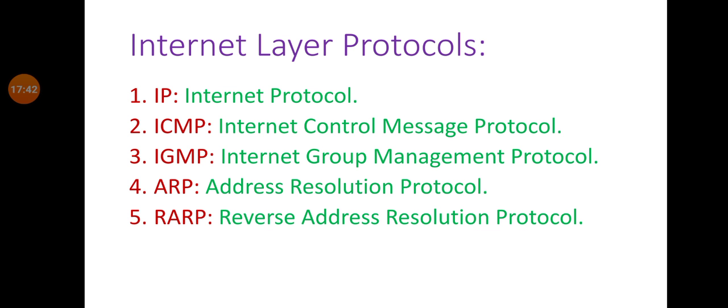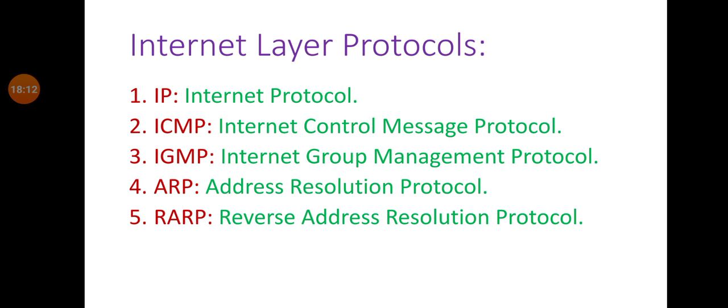The next protocol is ARP. ARP means Address Resolution Protocol. It is used to discover the link address such as the MAC address of a host. The next one is RARP, that is Reverse Address Resolution Protocol.